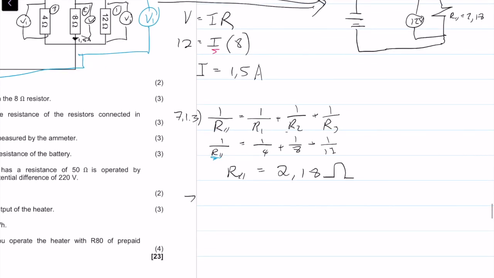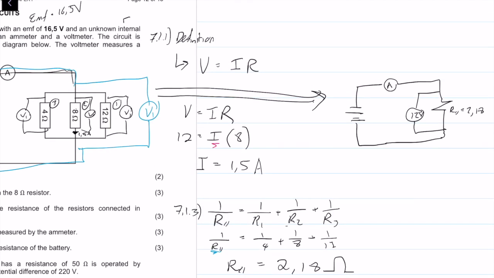Now we can use the equation V equals IR. I want the current through this entire circuit, so I'm looking for this value right here. I can look at this equivalent circuit that I've drawn.